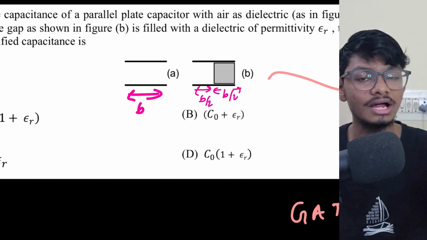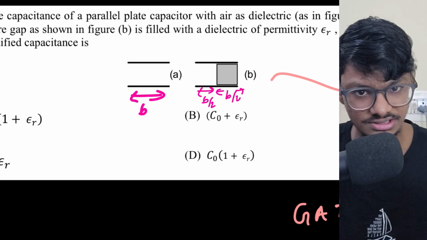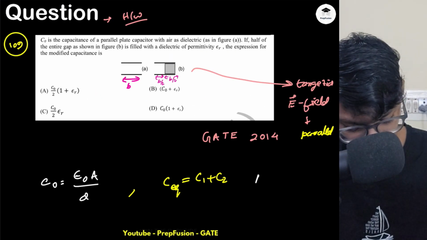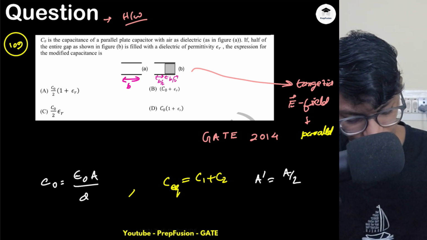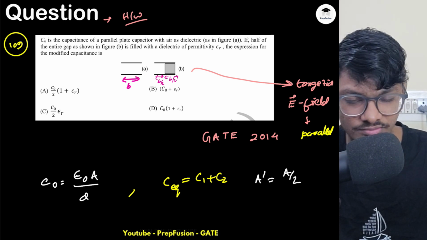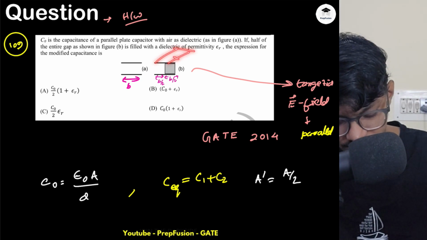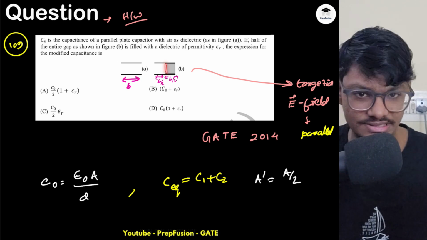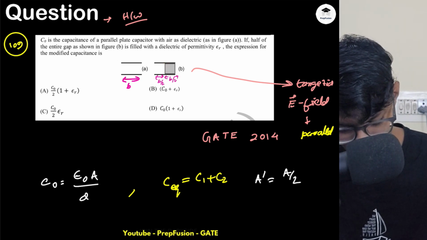So the area has been halved, because the length is remaining the same. The new A dash of both of them is A by 2, because area is simply length times breadth, and this length is constant, just the other length is changed. The distance between the plates is the same, so that will remain the same. Everything else is the same. So my C1 will be what?